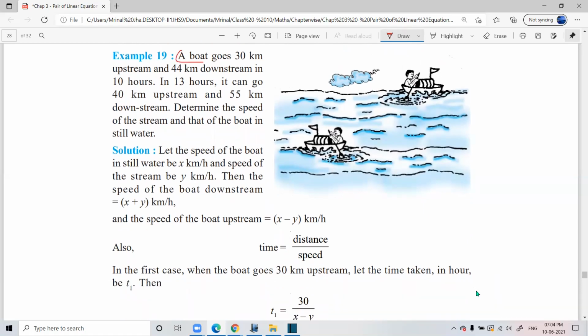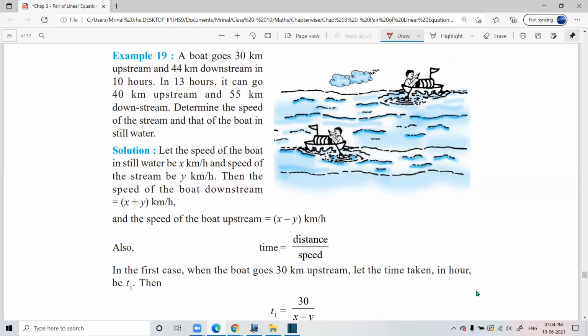So this one sentence will give you one equation in two variables. Then the next sentence says that in 13 hours, it can go 40 kilometers up and 55 kilometers downstream. They're asking you to determine the speed of the stream and that of the boat in still water.